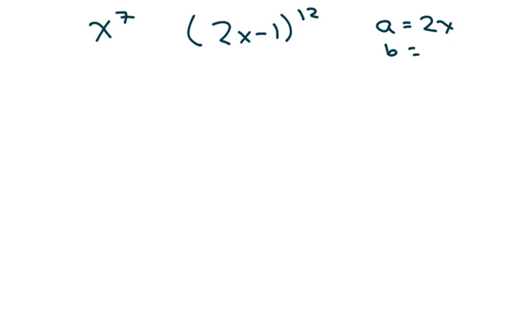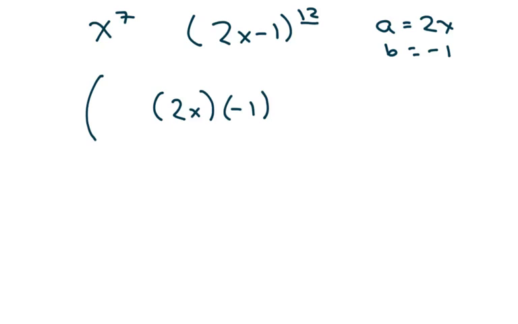Okay, the next one we need is the coefficient of x to the 7th in the expansion of 2x minus 1 to the 12th. So basically my a is 2x, and my b is negative 1. So I'm going to write that, 2x, negative 1.